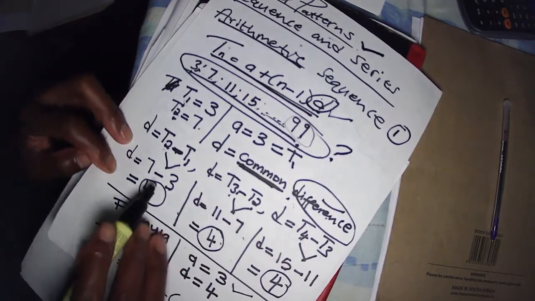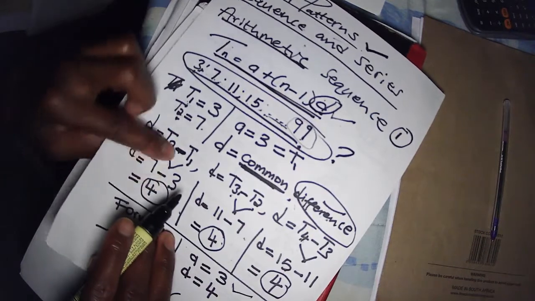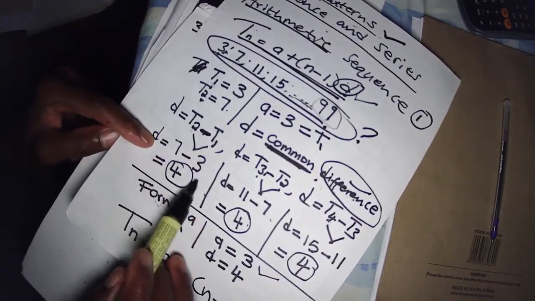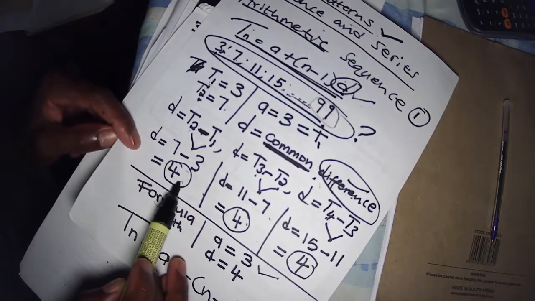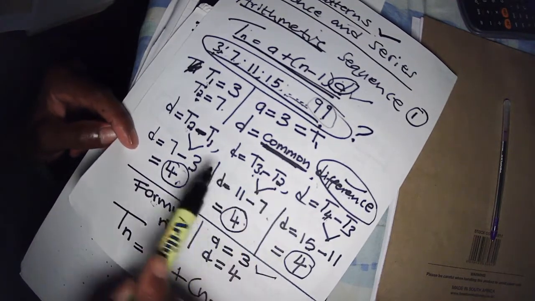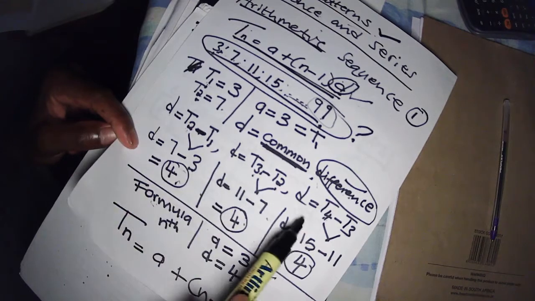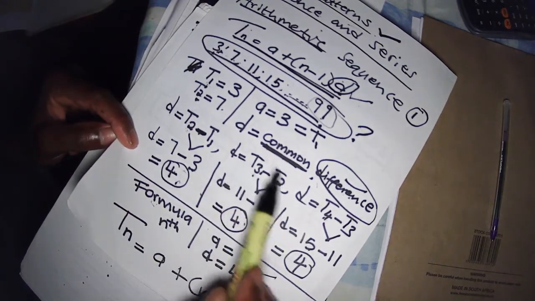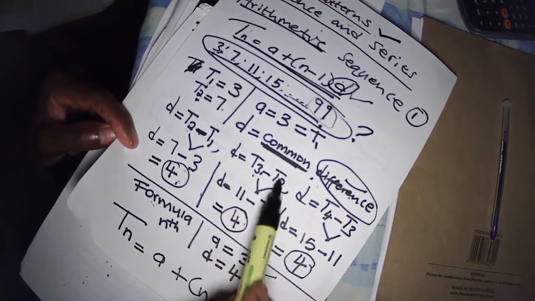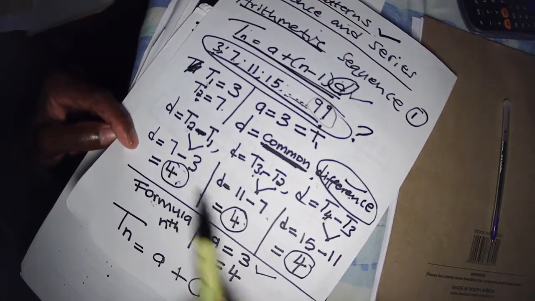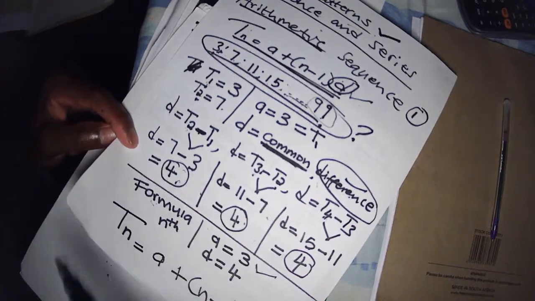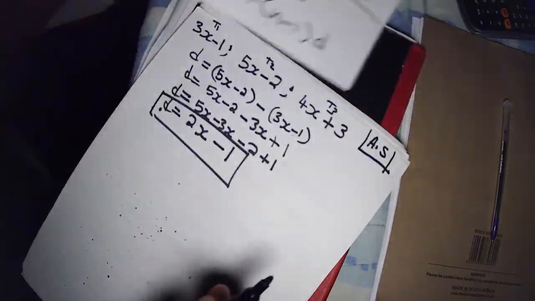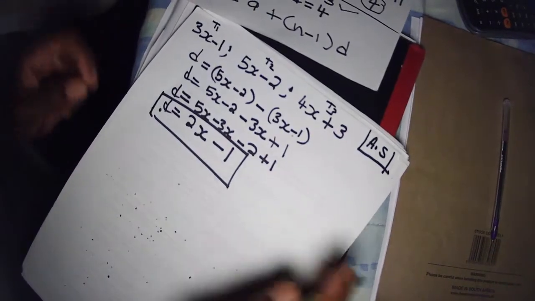So t2 subtract t1 is the answer. Since it's a common difference, we can find t3 minus t2. Since they have to be equal, we equate them to solve for x.